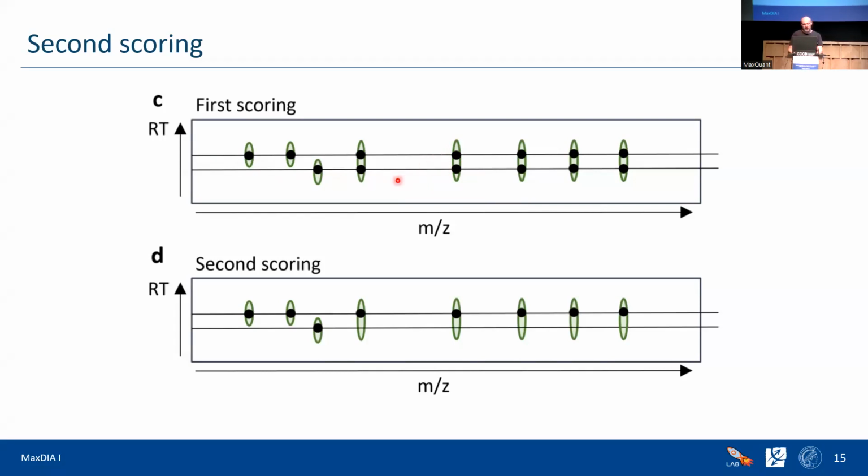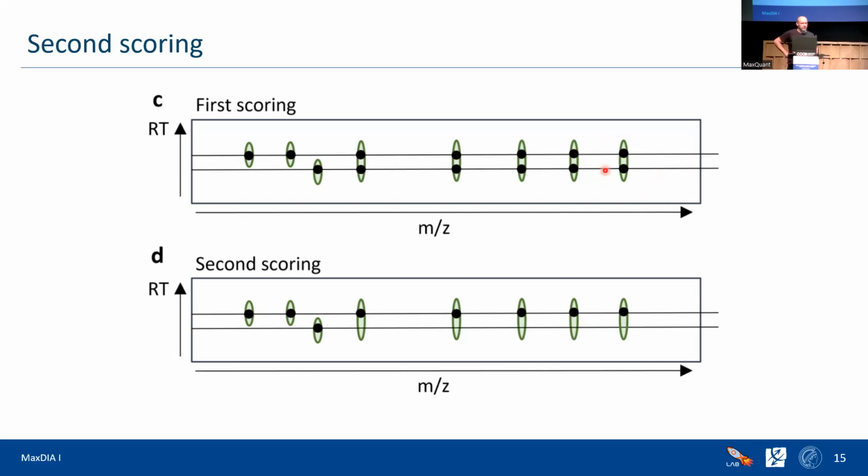So you would actually now conclude that both the upper and the lower library spectrum have good evidence of fragments in the sample, but that's actually not the case, because you are using just the same fragment twice here. But since we have done this feature detection on the fragments, we are aware of this.